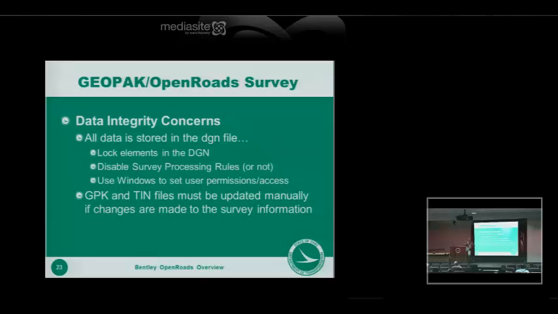So that seems like a logical solution. I just disable the rules once I'm done processing survey data, and if someone needs to tweak it a little bit, it doesn't update. But if I need to process more data later, add additional data to the survey, I'm going to need to turn that back on. And as soon as I turn that on, it says, oh, this point's over here now. Update the DTM. So disabling processing rules isn't really a good solution.